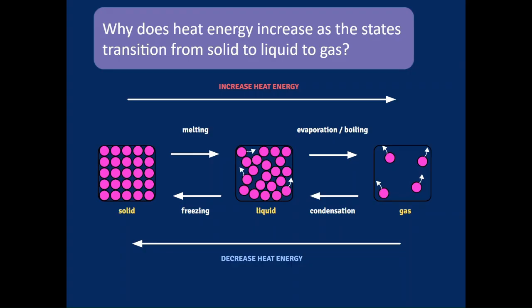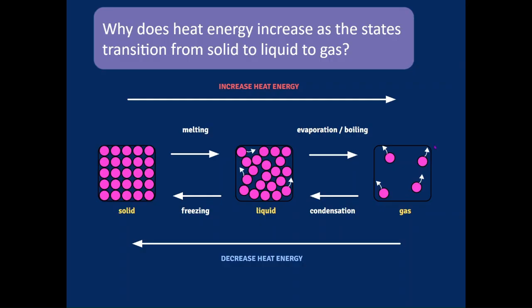Okay, so why does heat energy increase as the states transition? I kind of hinted at this earlier in the slideshow, but we can think about our states, right? Our solid state, the motion of its particles, right? It does have some motion, some vibrations, right? But compared to a gas, where the particles are flying around and bouncing off each other, there's a lot less motion here than here.